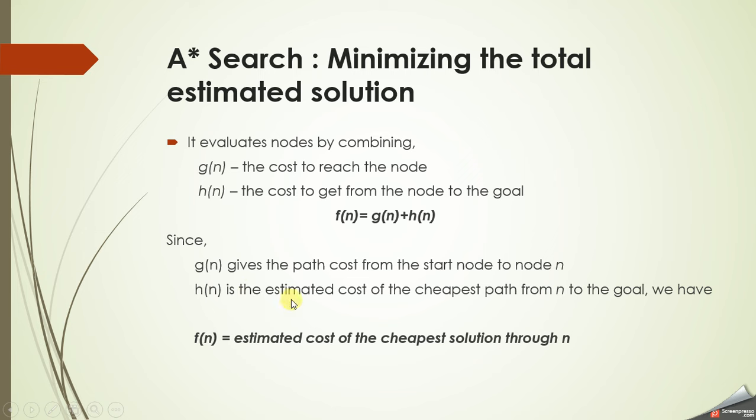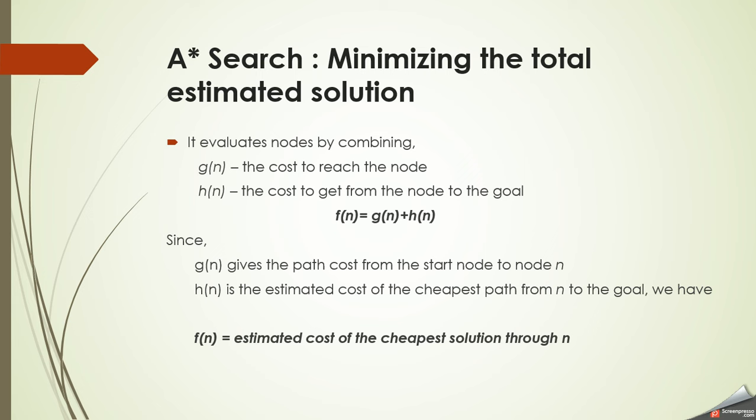And h of n is the estimated cost of the cheapest path from n to the goal. That is the heuristic function which we are going to introduce. As I told you earlier, heuristic is something you discover, some new technique we are finding, that is h of n.